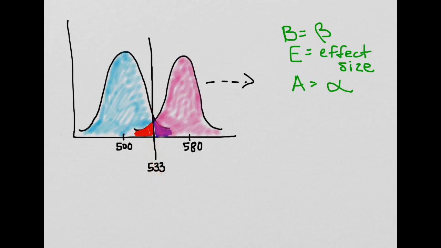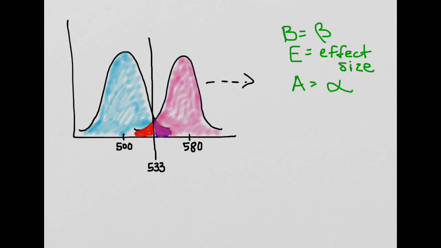So the standard is to set it at 0.05, which means that if our sample mean falls in this part of the distribution defined by alpha, so that the probability of getting that sample mean is less than 5% if the null distribution is true, then that is our alpha value, and that means we're going to reject the null hypothesis and assume that the sample comes from the alternate hypothesis.